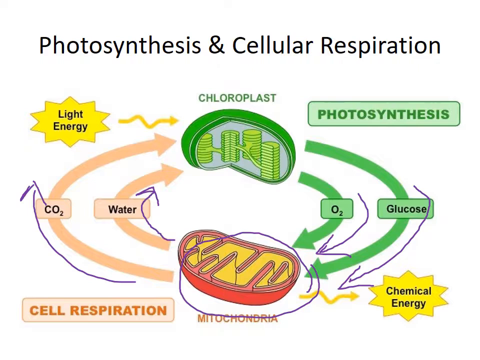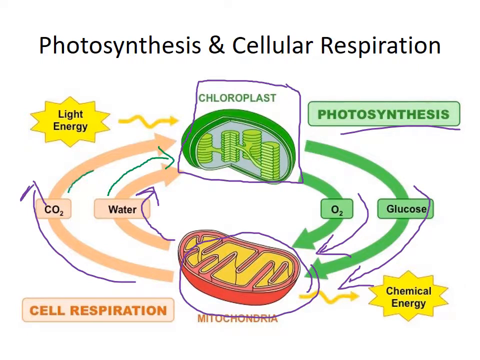But if you look here at the chloroplast, these are the ingredients that the chloroplast needs in order to carry out photosynthesis. On the flip side, a plant would suck water up through the roots. It would then inhale carbon dioxide, and through light energy hitting the chloroplast and reacting, as the light energy goes into the chloroplast, it releases electrons that bounce around like a ping pong ball, creating a chemical reaction itself.